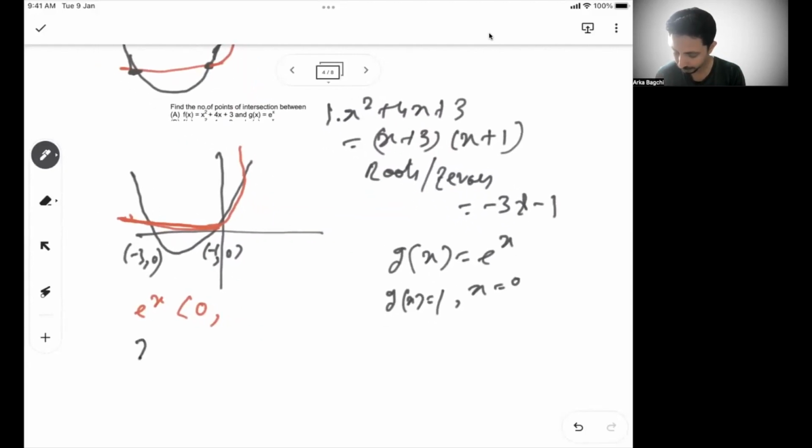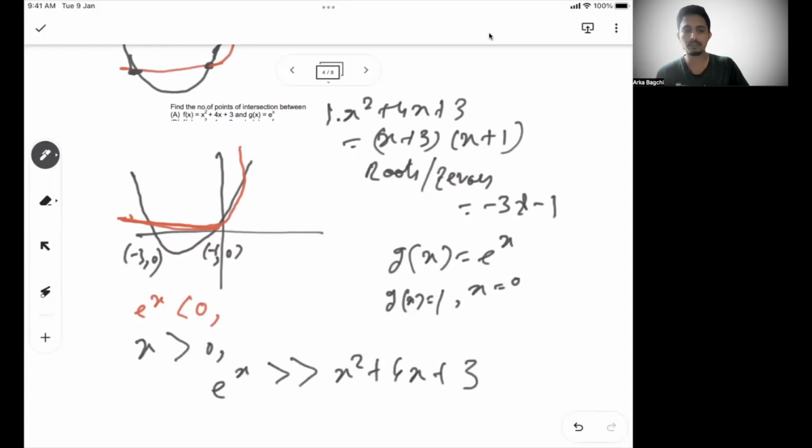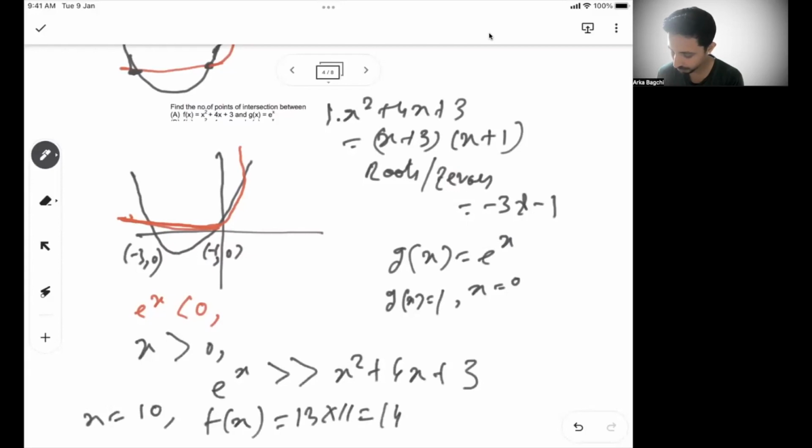So at x greater than 0, e to the power x is much greater than x squared plus 4x plus 3? At x equal to 0, it is 1, but after that, it rises exponentially. Let's say for x equal to 10, you have f(x) as 13 into 11, which is 143, but you have g(x), which is e to the power 10. Now, e to the power 10 is actually much greater than 143.